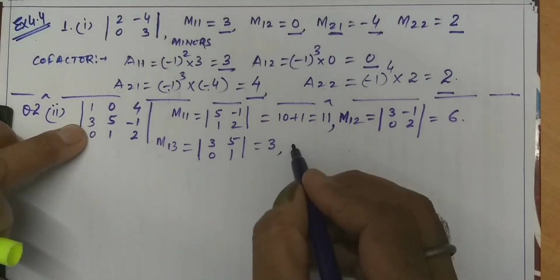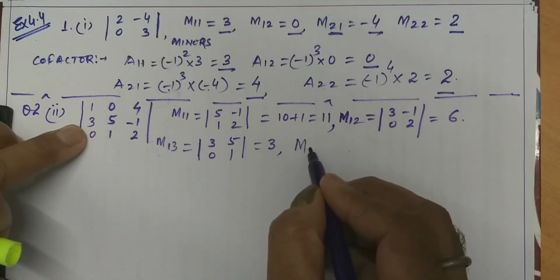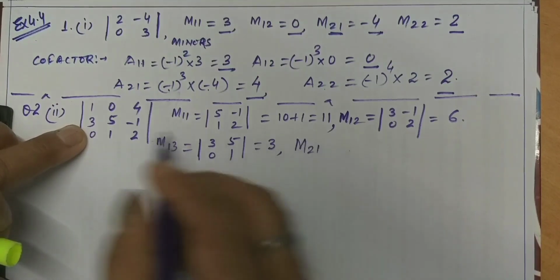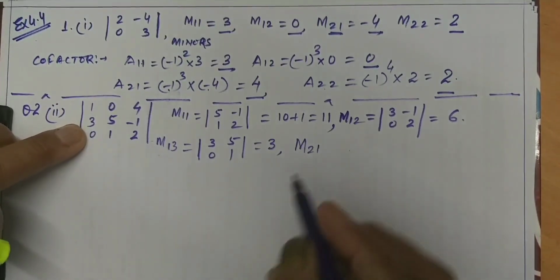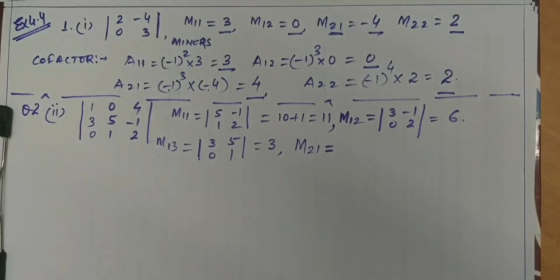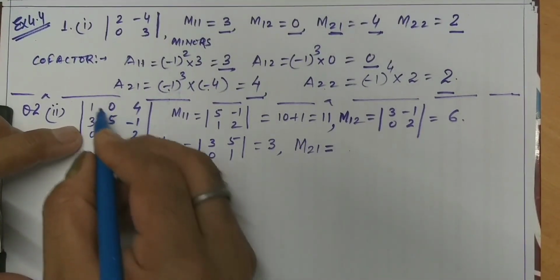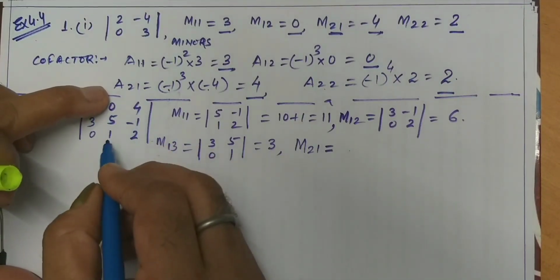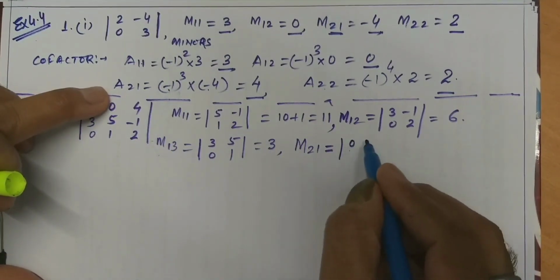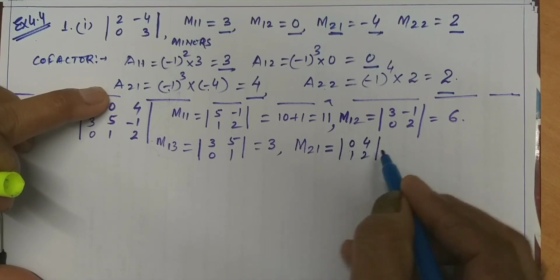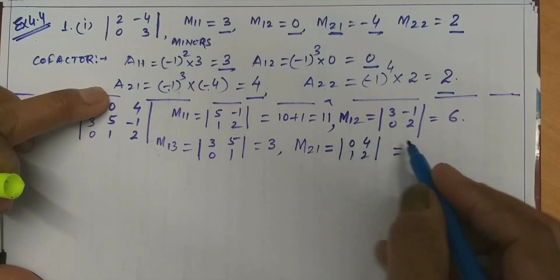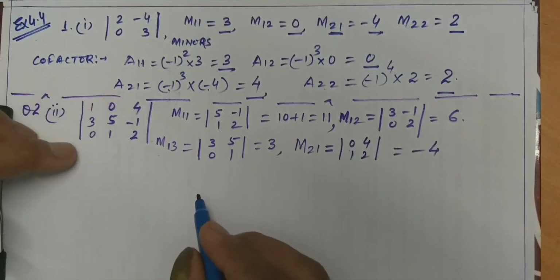Next is M21. Now the second row starts, M21, which is this 3, leaving this way 0 4 and 1 2, which is equal to 0 minus 4, which is minus 4.